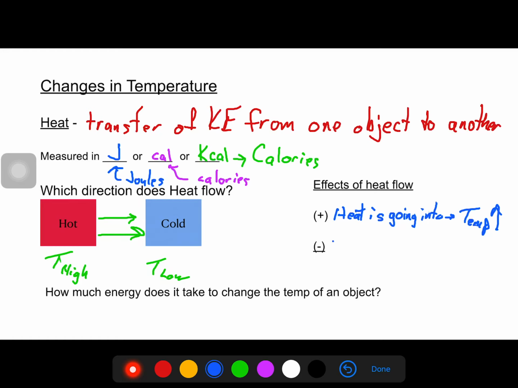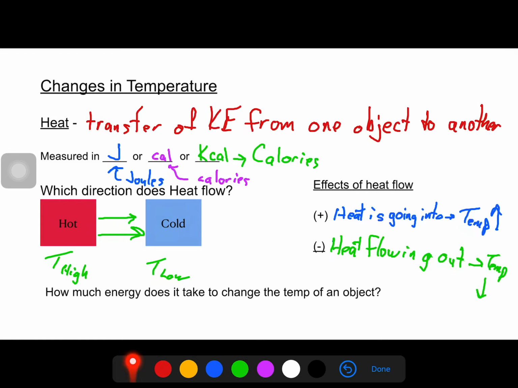If we have a negative heat flow, then the heat is flowing out of the object, which means that the temperature is going down. Heat going in means the temperature goes up. The temperature goes down when heat is flowing out of that object.